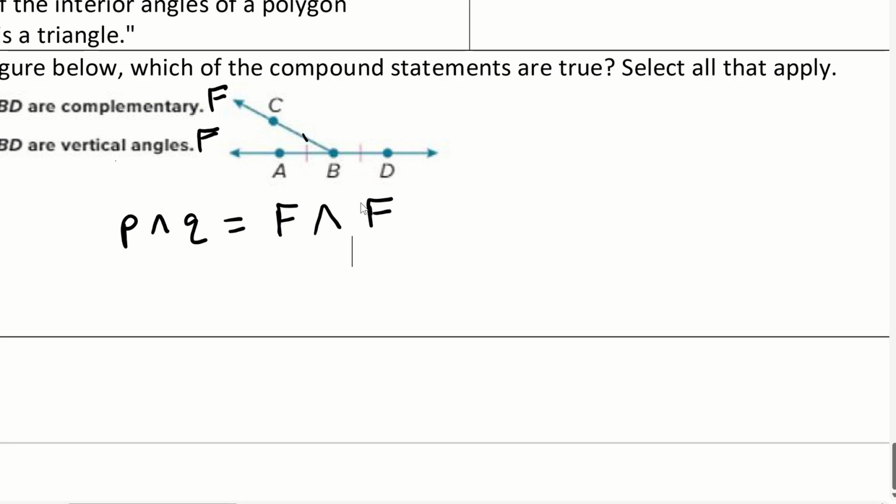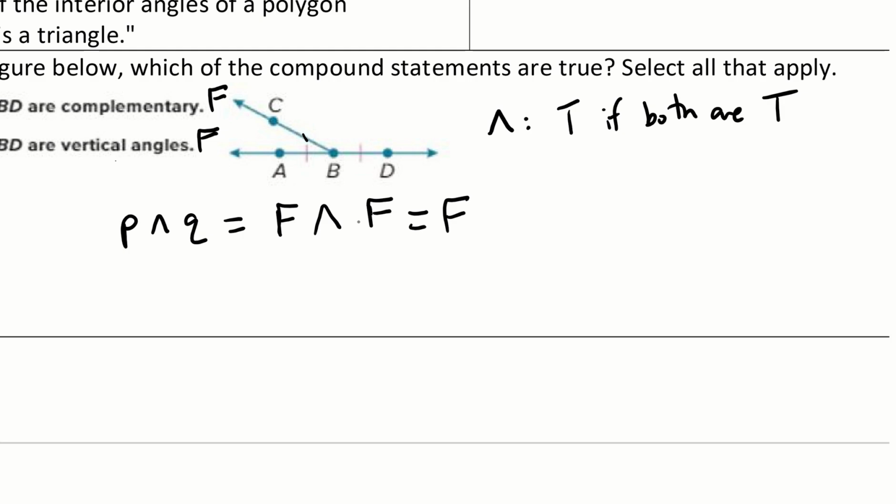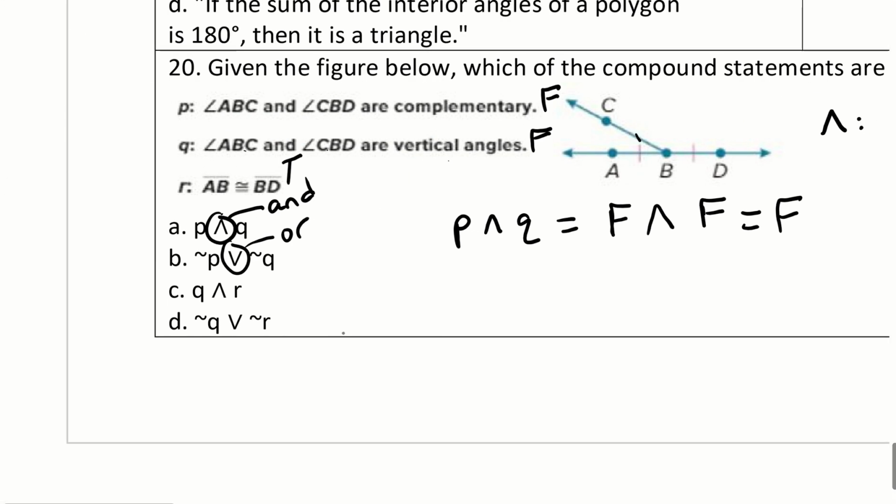If one of them is false or both of them are false, it's going to be false. Okay? All right, so and is true if both are true. Okay? Otherwise, it's false. So in this case, this is equal to false.